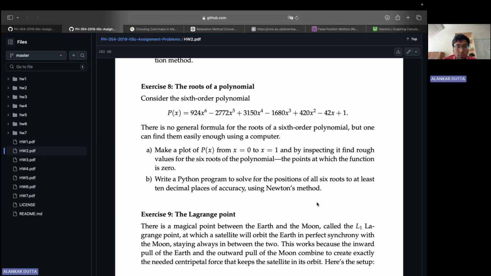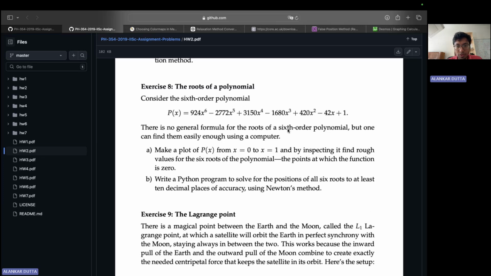Consider the sixth order polynomial is this. Make a plot of p of x from x equals 0 to x equals 1, and by inspecting it, find the rough values of the 6 roots. The points at which the function is 0 are exactly the roots of the polynomial.